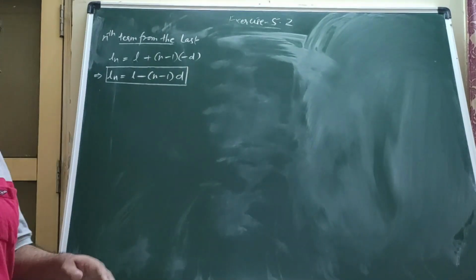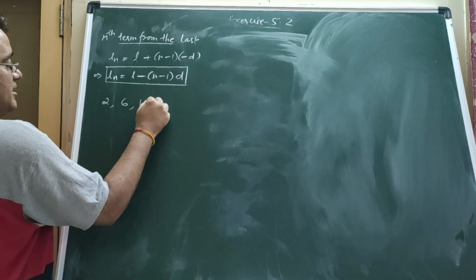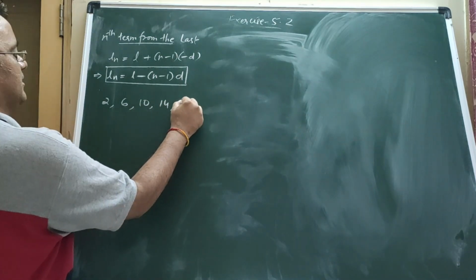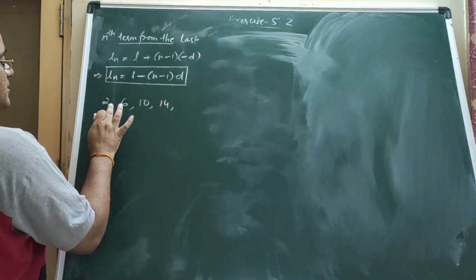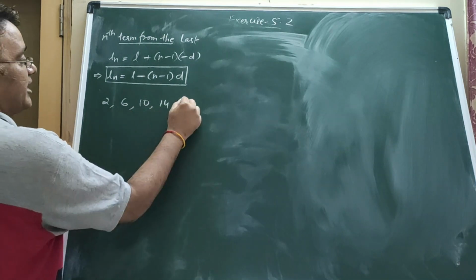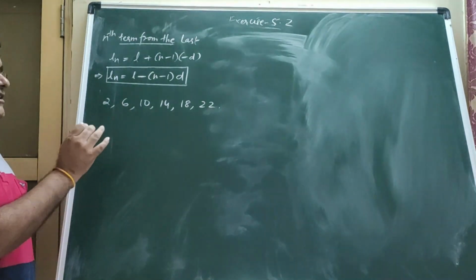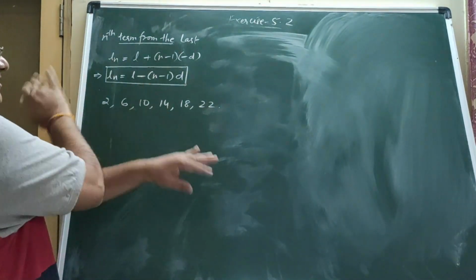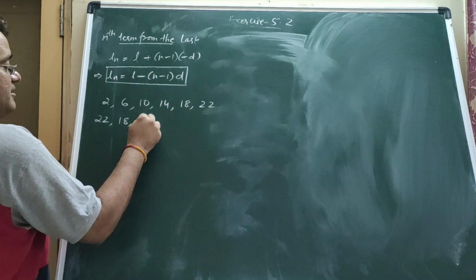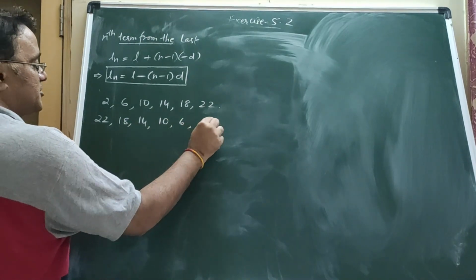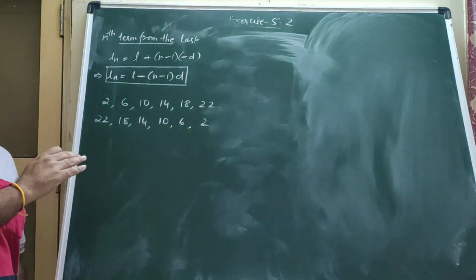The simple concept is that अगर मान लो 2, 6, 10, 14, 18, 22 are in AP. मान लो ये 6 टर्म्स AP में है with a common difference 4. Now if I will reverse the sequence, so 22, 18, 14, 10, 6, 2, then also the resultant series will be in AP.